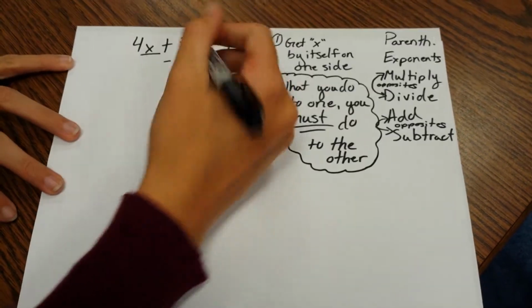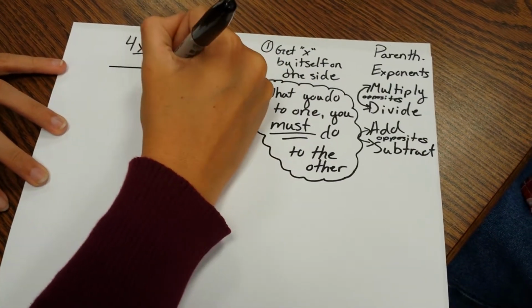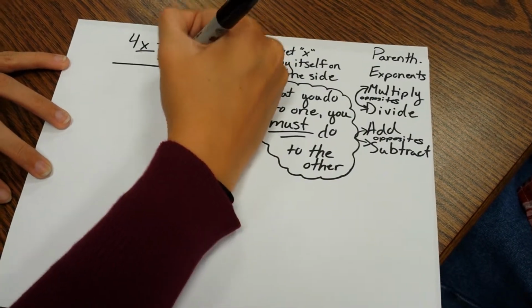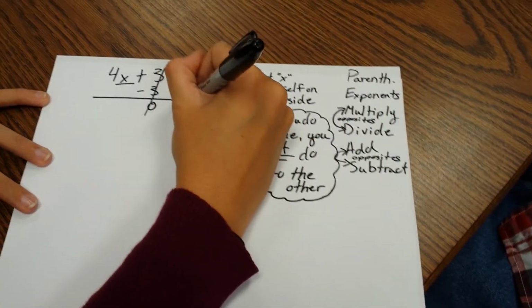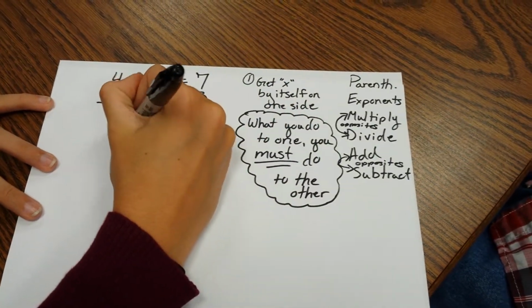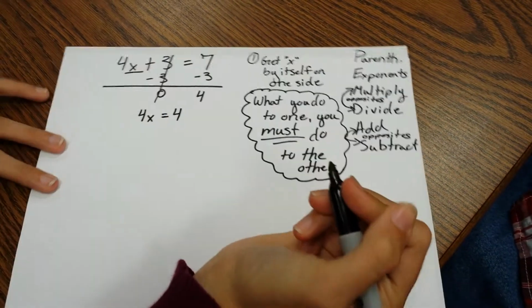So if we subtract 3 here, we have to subtract 3 on this side. These subtract out to 0, so that goes away. What is 7 minus 3? 4. So our new equation is 4x equals 4.